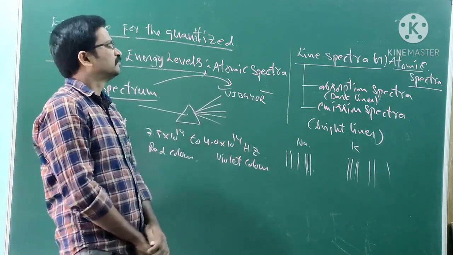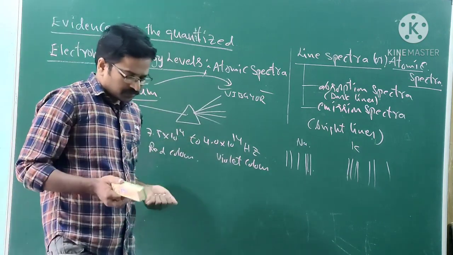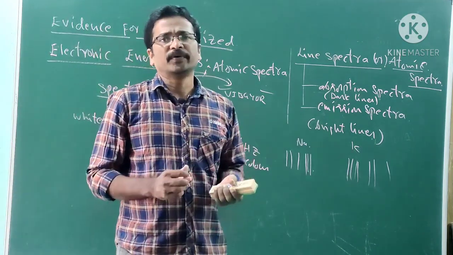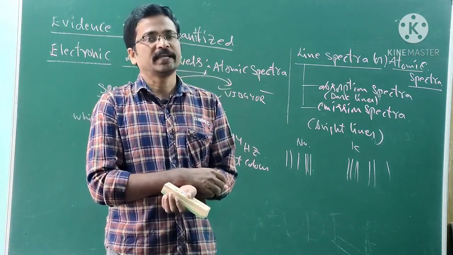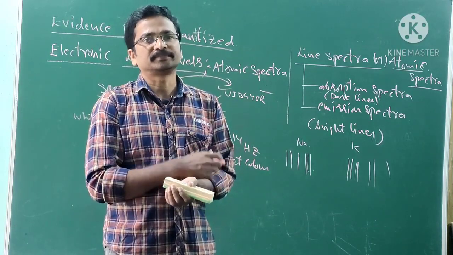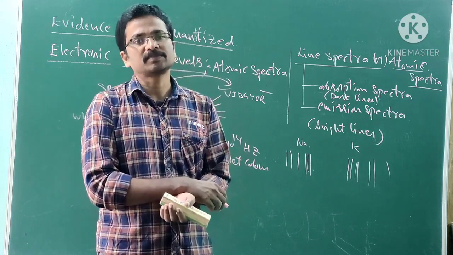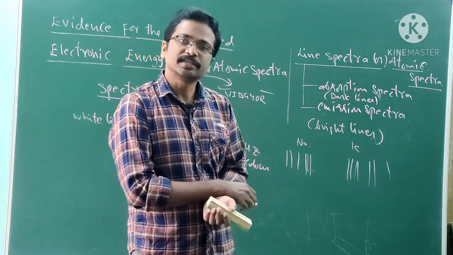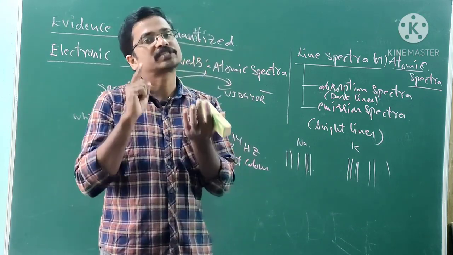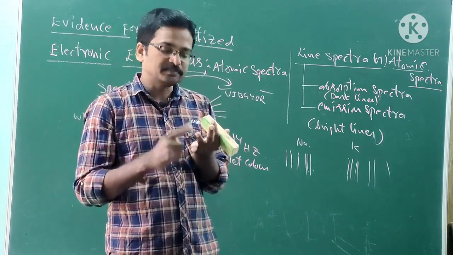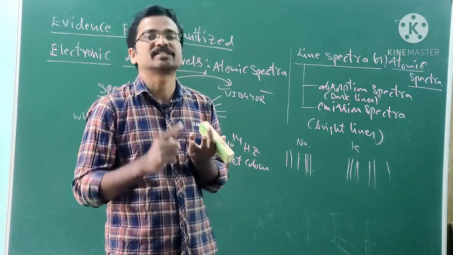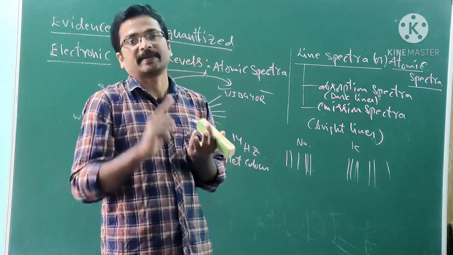Okay, next one. We know atoms or molecules can give spectra. Molecules give the spectra known as molecular spectra, and atoms give the spectra known as atomic spectra.